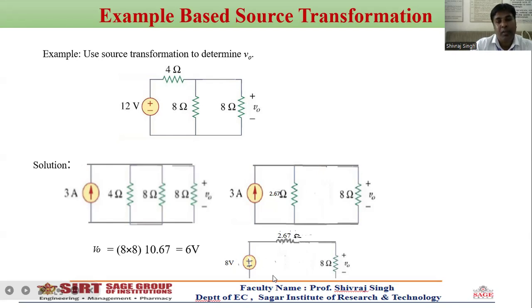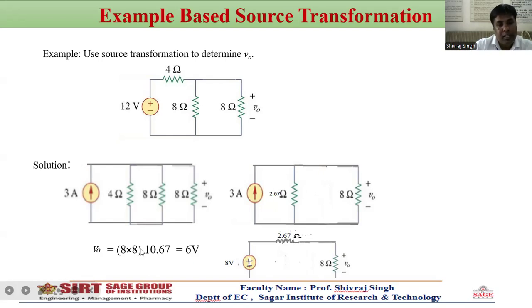Now calculate the response across the 8 ohm. We simply apply KVL or the voltage division rule. The voltage across the 8 ohm resistance equals 8 volt into 8 upon 2.67 plus 8, that means 10.67.